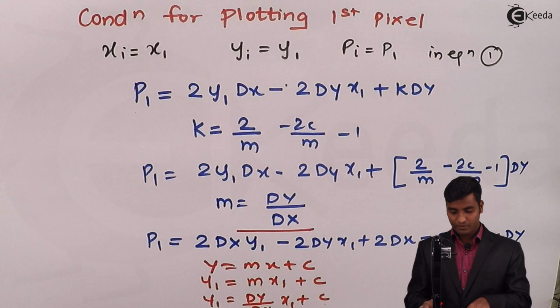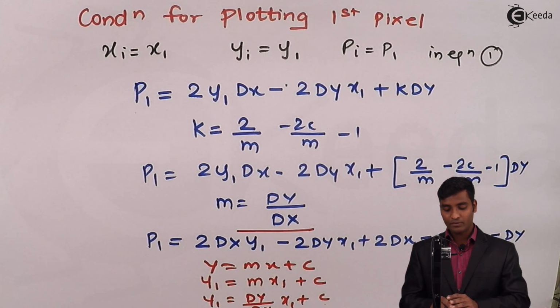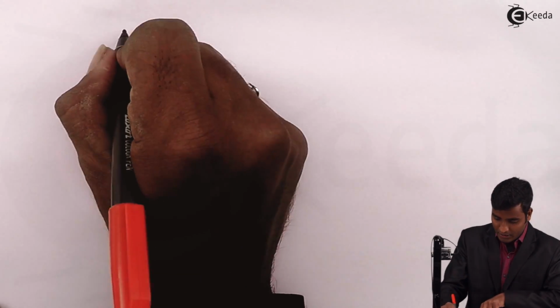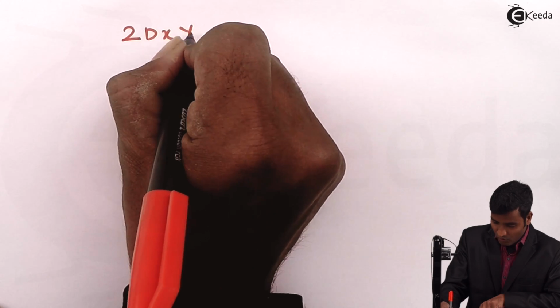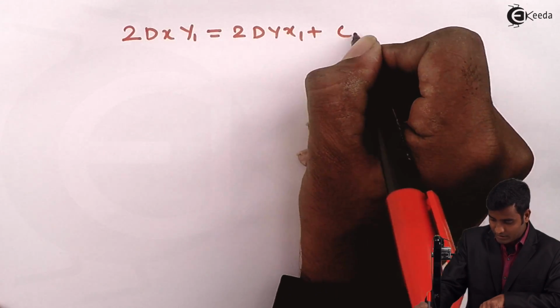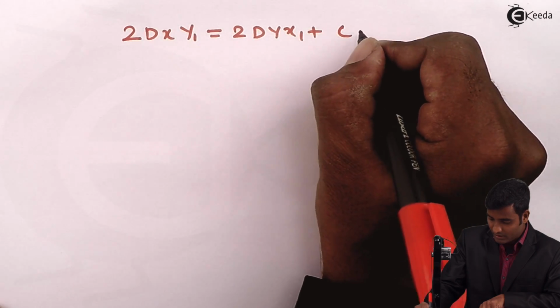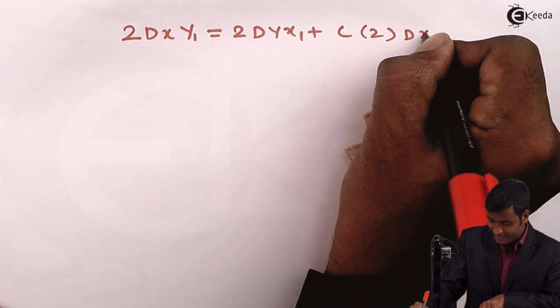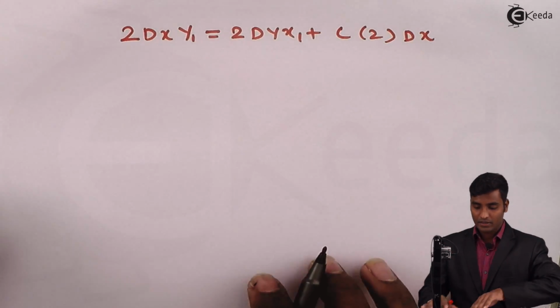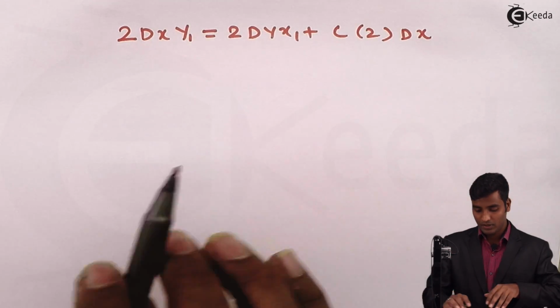After rearranging this whole term, it will become 2 dx y1 is equal to 2 dy x1 plus c into 2 dx. So after rearranging, I get this whole term.